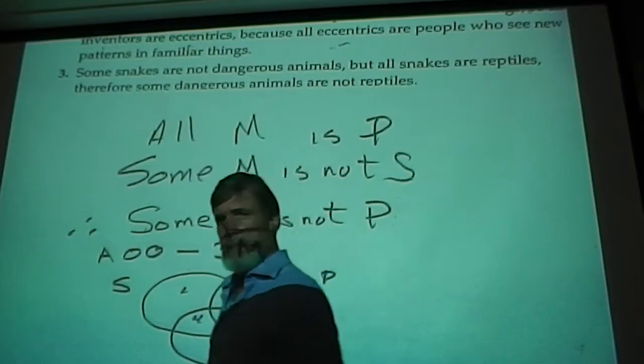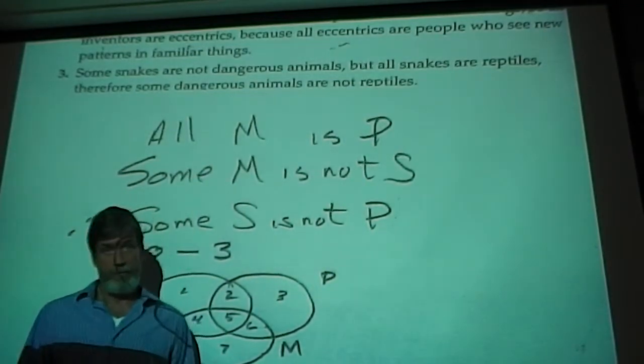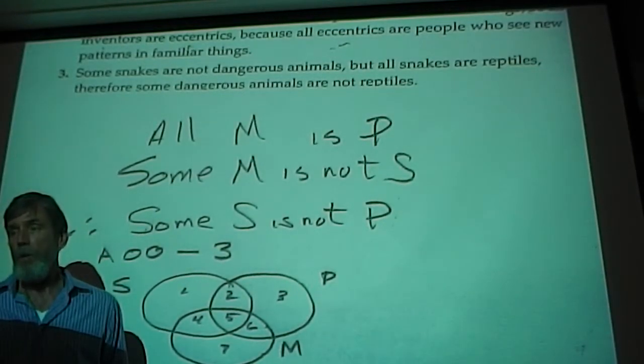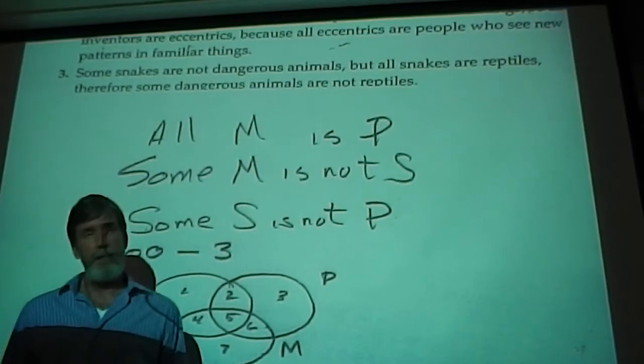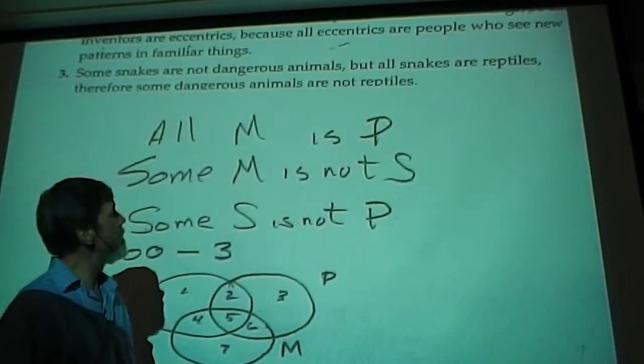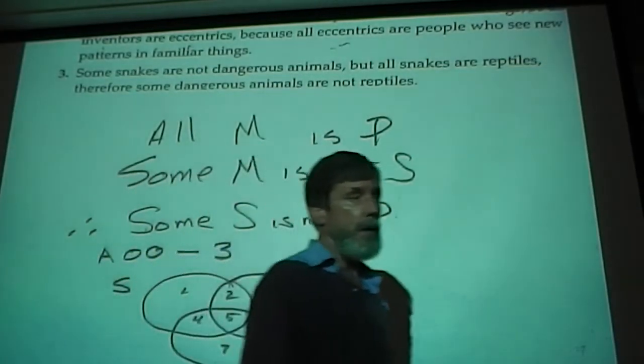Does it matter which premise we diagram first? Yes. Why? Because one of them is universal and the other is particular. So which one must we diagram first? The universal. All M is P. Then take care of the particular premise.